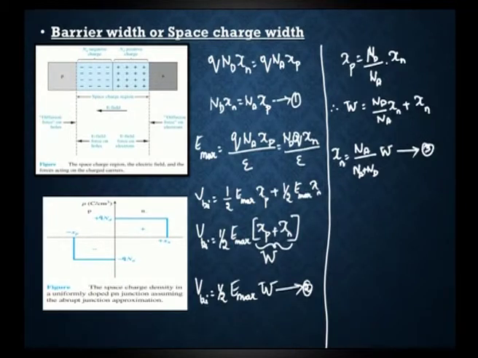Similarly, we are going to find Xp, which is equal to Nd divided by Na plus Nd into W. The only change is in the numerator, and the remaining is the same. This is equation 4.